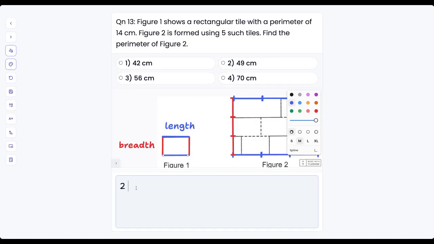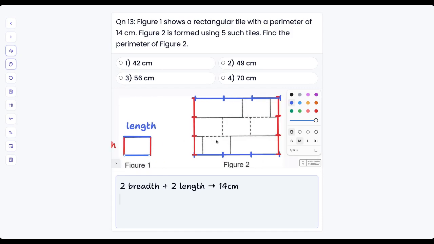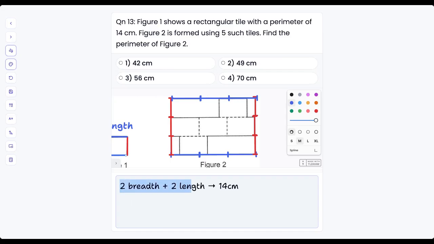So 14 centimeters is equal to 2 breadths plus 2 lengths. It's 14 centimeters. So figure 2 has how many lengths and breadths? We can calculate, which is basically 6 lengths and 6 breadths, which is figure 2.